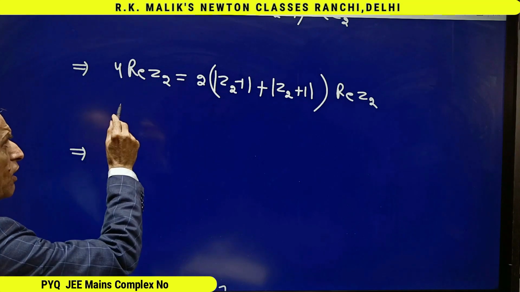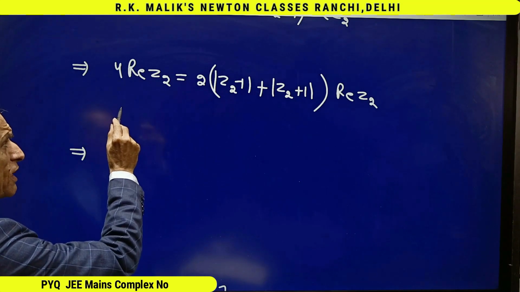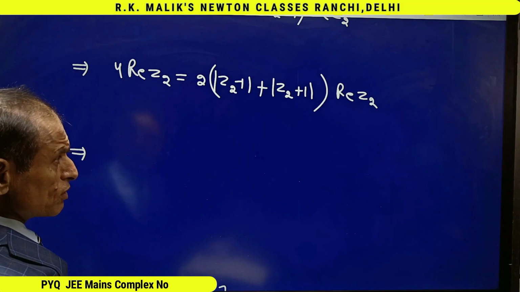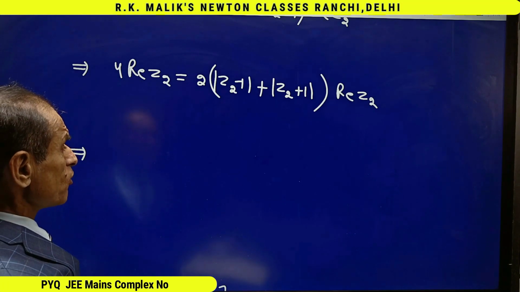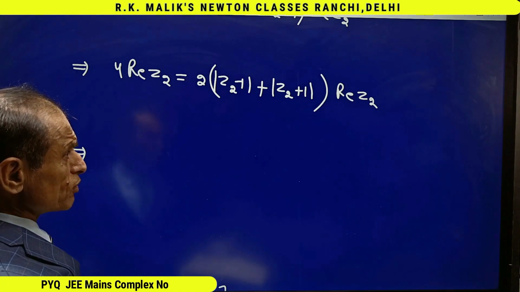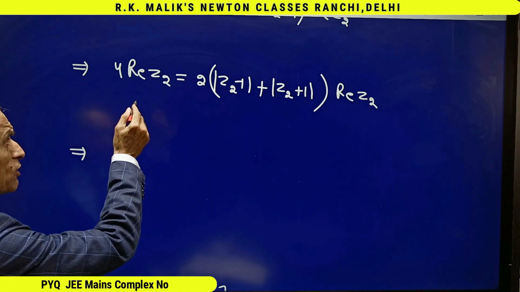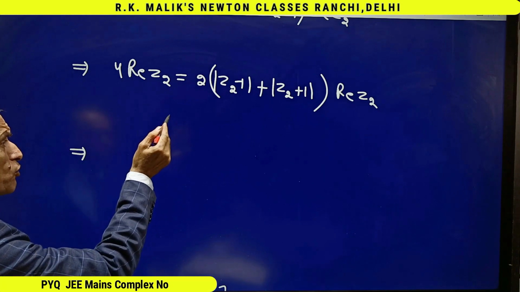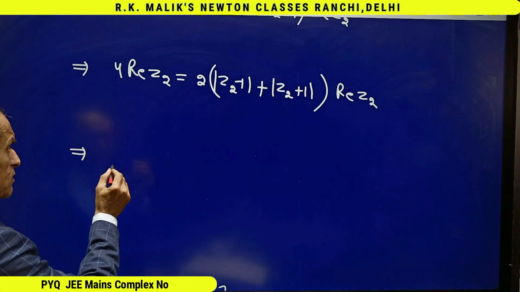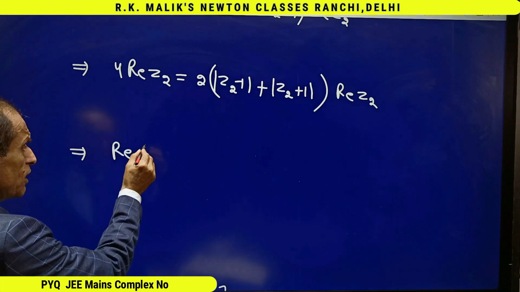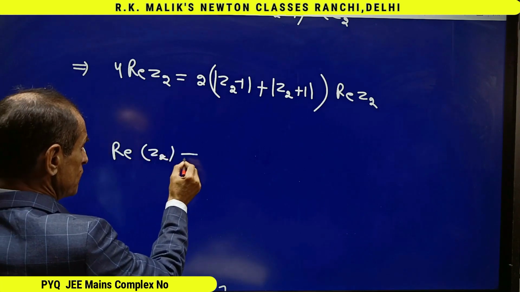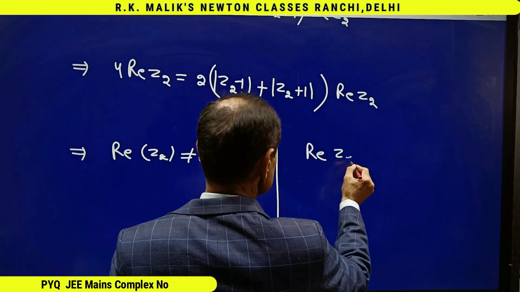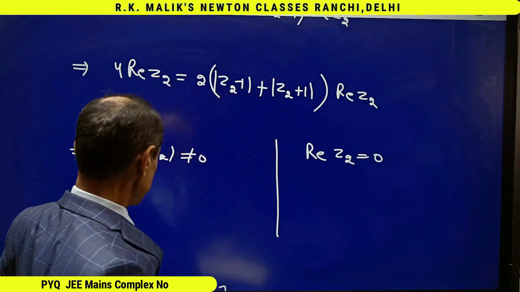And now after this some of the students may think that let us divide by real part of Z2, but no, we are allowed to divide by only that quantity which is sure to be non-zero, because real part of Z2 can be 0 also. Therefore, if you want to divide, you will have to take two cases. First case, suppose real part of Z2 is non-zero, and second case, if real part of Z2 is equal 0.